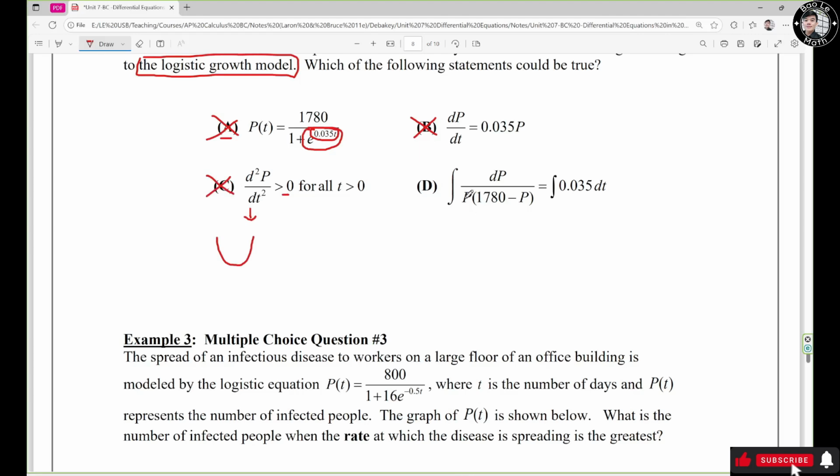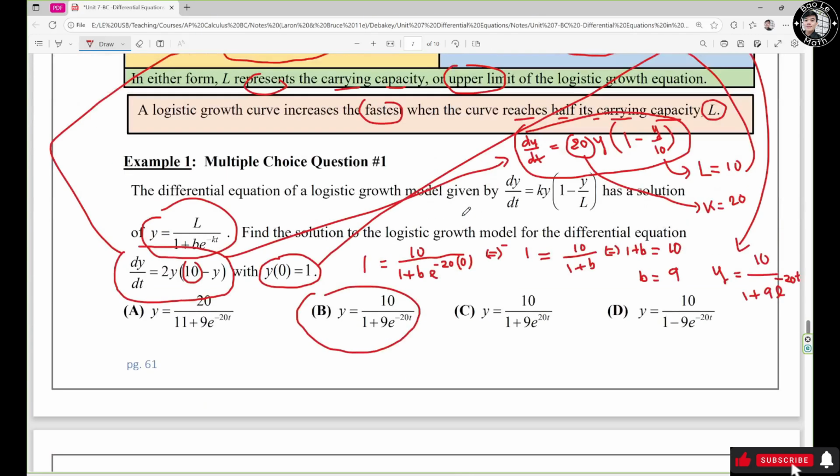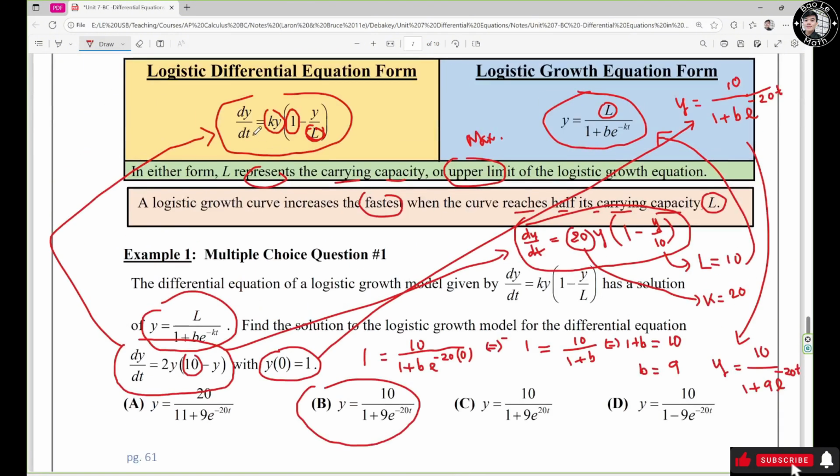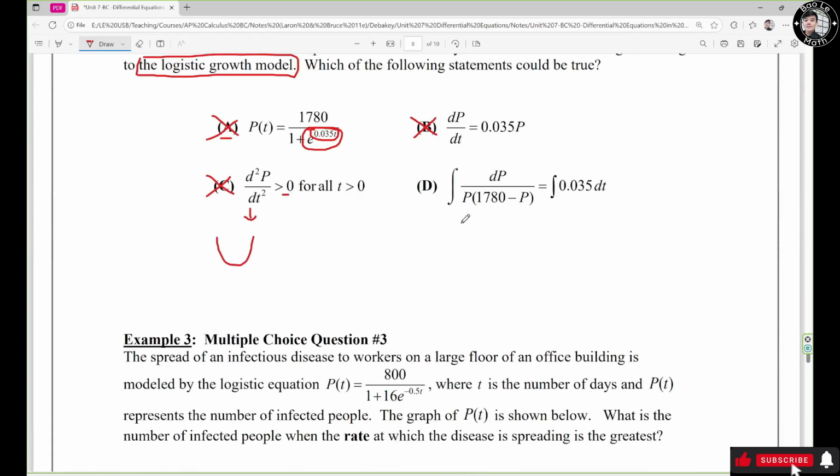Now, answer choice D, we need to do backward, right? The logistic growth model is given by the formula right here. Alright, so we're going to take the antiderivative of both sides. Right? So it's going to be dp over p times 1780 minus p equals 0.035 dt.